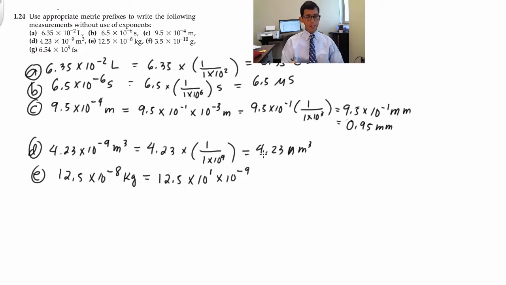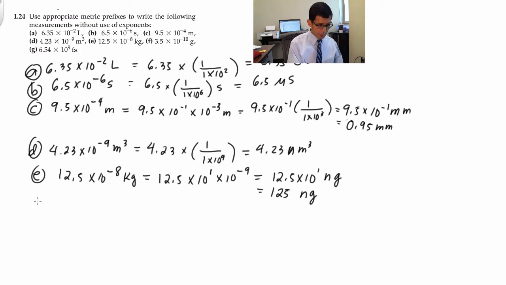Negative 9 plus 1 is negative 8. So that will be 12.5 times 10 to the first. What is times 10 to the negative 9? That will be, again, nano. So it's nanograms. And what is 12.5 times 10 to the first? That's 125. So this is 125 nanograms.